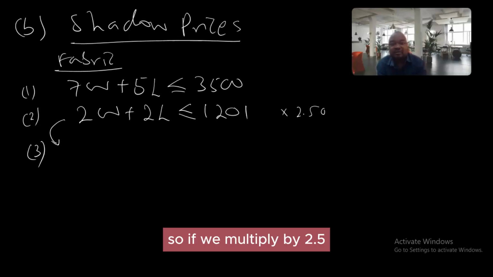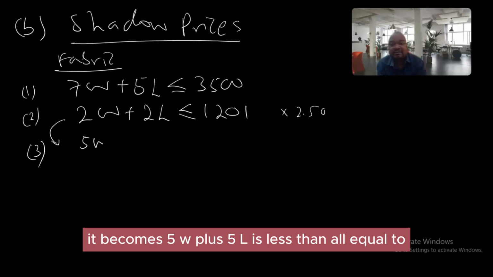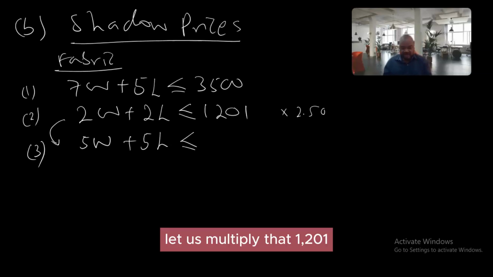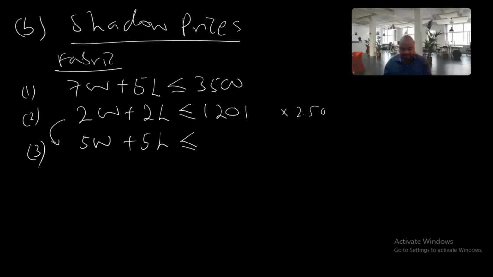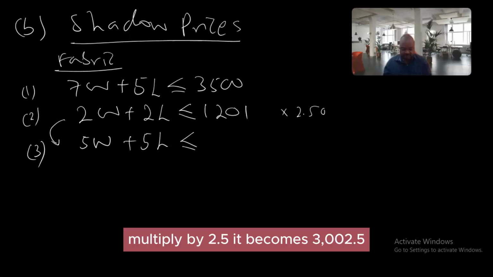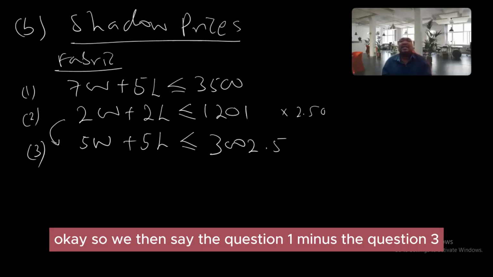If we multiply by 2.5, it becomes 5W plus 5L is less than or equal to 1,201 multiplied by 2.5, which is 3,002.5. Then we say equation 1 minus equation 3.